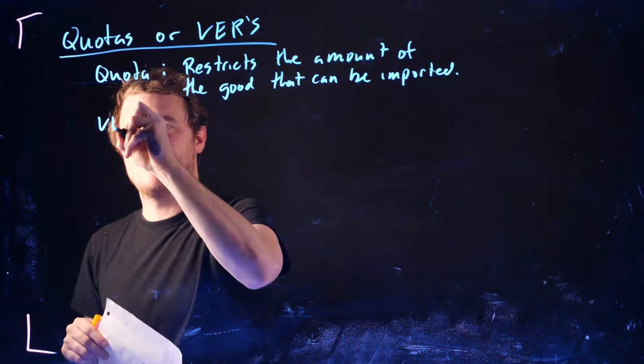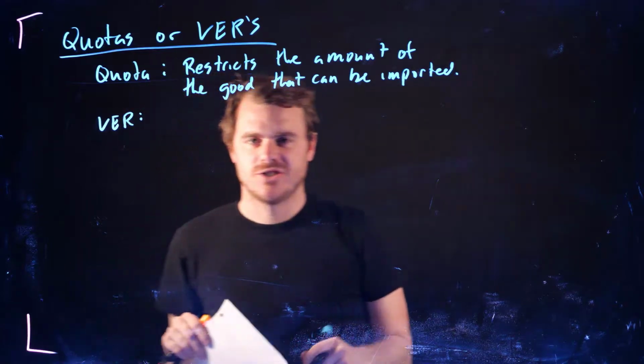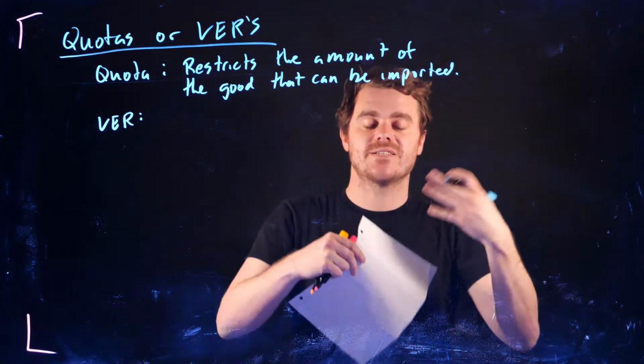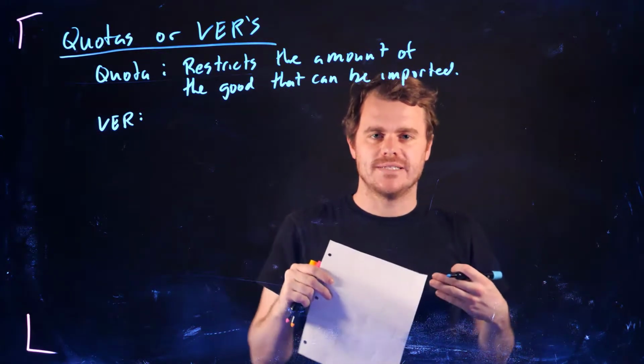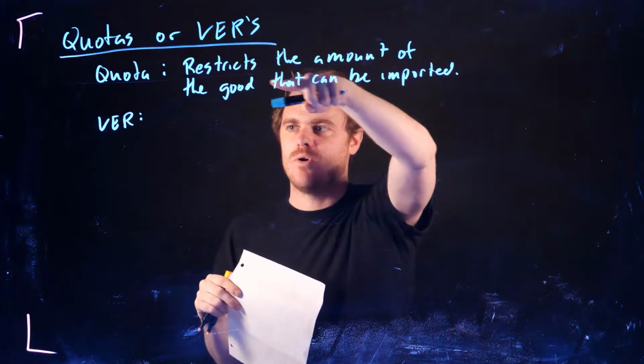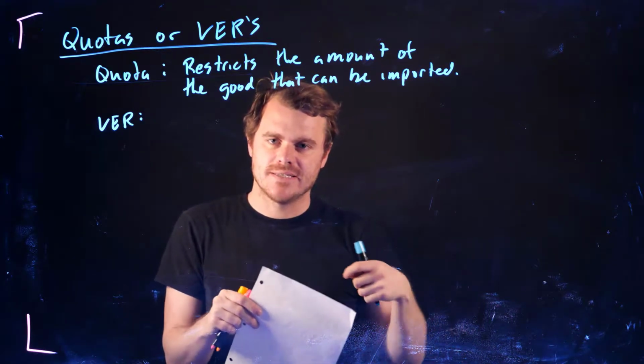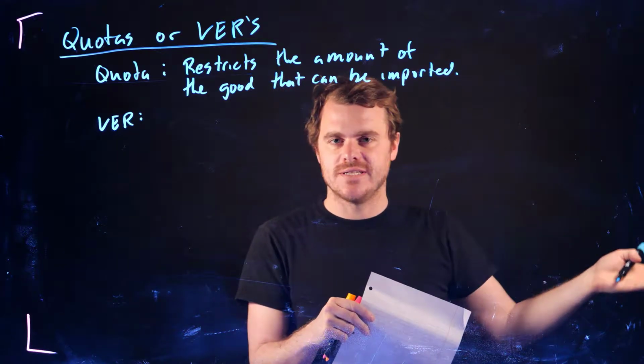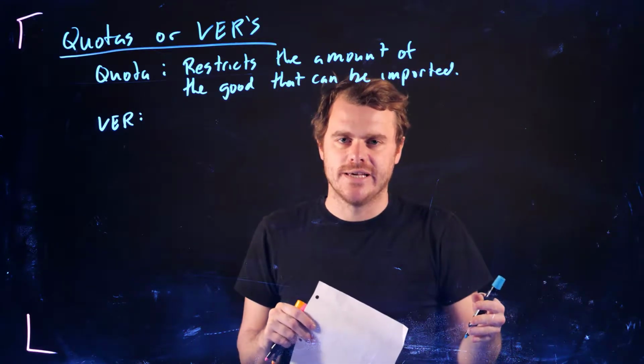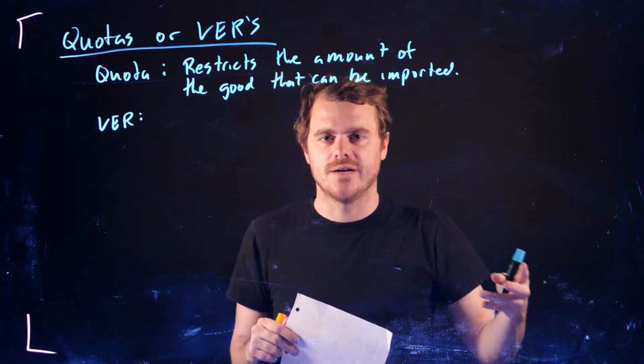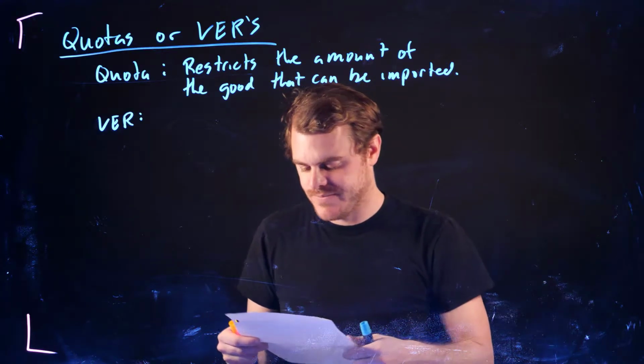And so what a VER is: the country who's actually exporting the good, that's, let's say, imported into Canada. So Canada would put on a quota. Another thing that could happen is this country that's exporting the good could voluntarily restrict the amount that they're going to export to a country.